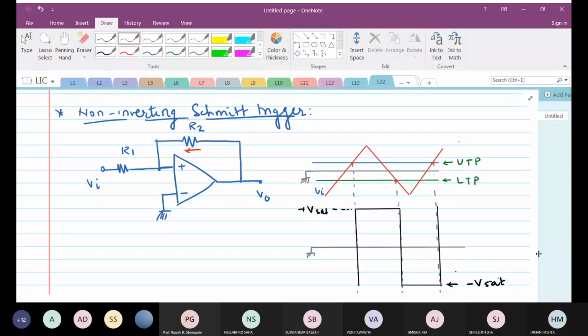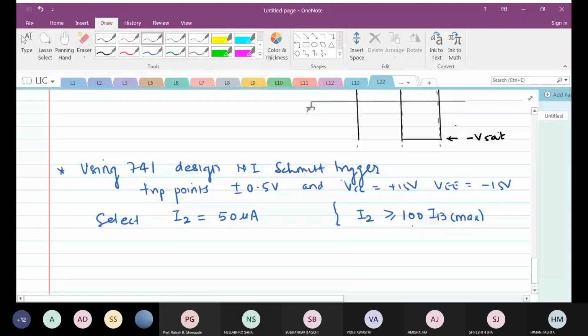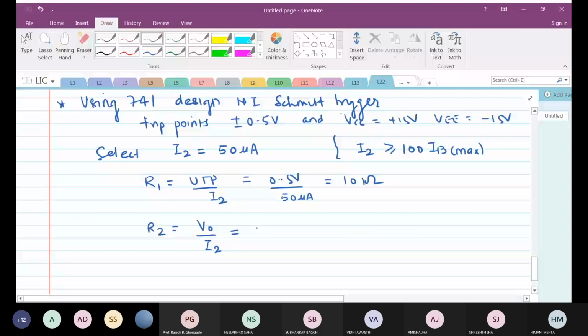Output is Vsat, which we have said is VCC minus 1, by I2, following the other convention. So this is 14 volts by 50 microamperes. This gives me 280 kilo ohms. Use a standard value of 270 kilo ohms plus a combination of 10 kilo ohms.